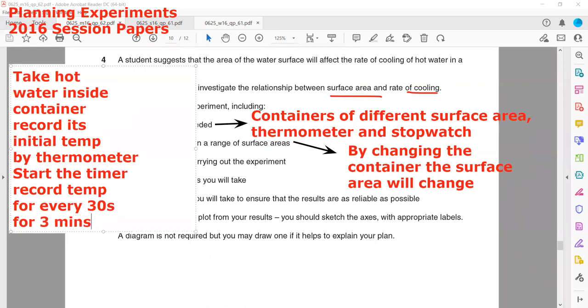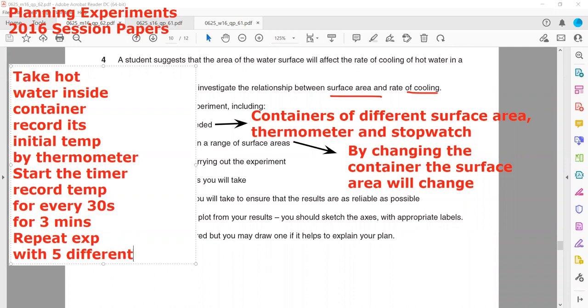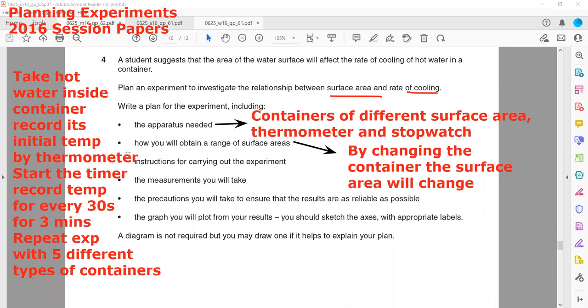You can carry out for 5 minutes or 3 minutes, and then we will repeat the experiment with 5 different types of container. So this is the same procedure as we already discussed, similar type of questions, similar type of experiments. So that's how we carry out this experiment.